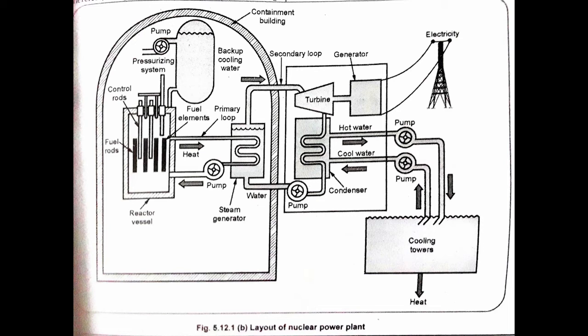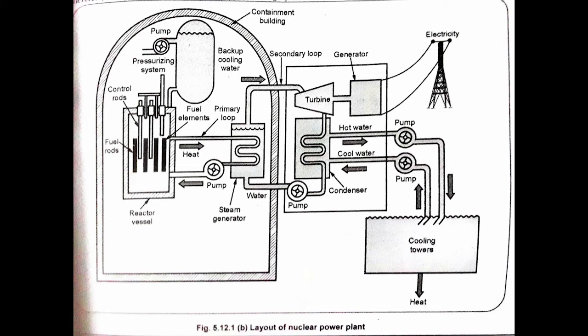The nuclear reactor is a cylindrical vessel which mainly consists of the uranium 235 fuel in the form of fuel rods surrounded by moderator rods and control rods. The fuel rods are the main initiators of the nuclear fission reaction, wherein slow moving neutrons are bombarded.